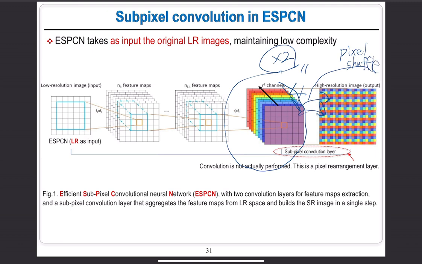This rearrangement allows the network to operate in the low resolution domain, saving memory and computation, and then efficiently upscale the result at the final stage. This method is highly efficient and is particularly beneficial for real-time applications such as mobile or embedded devices.